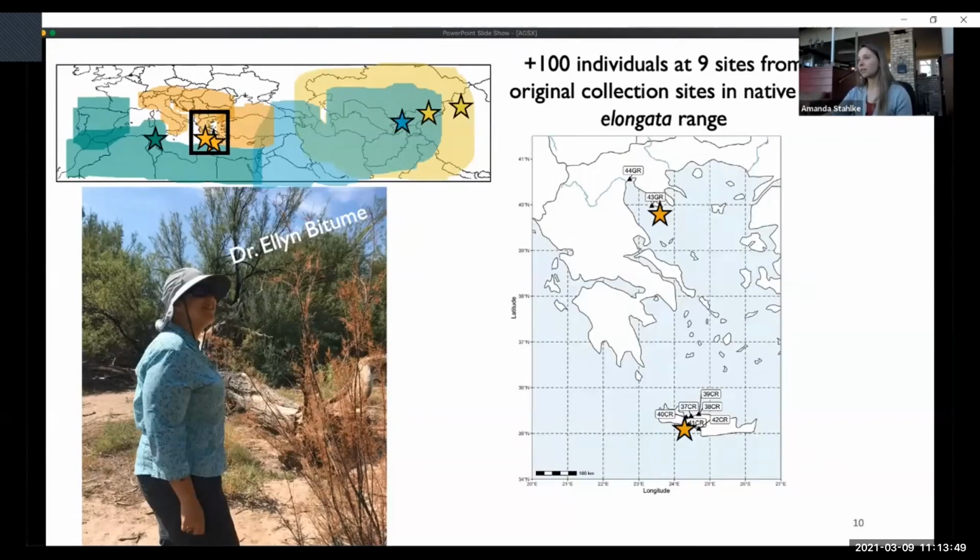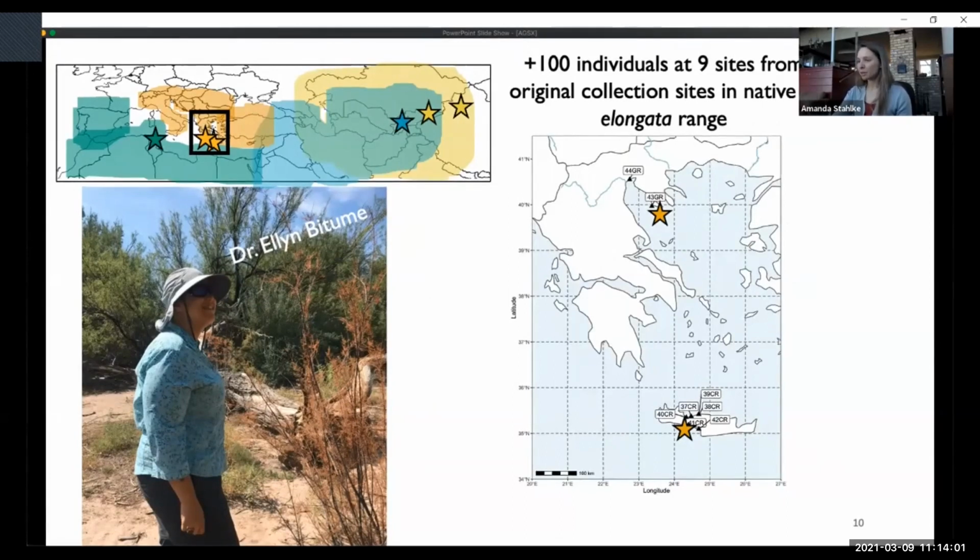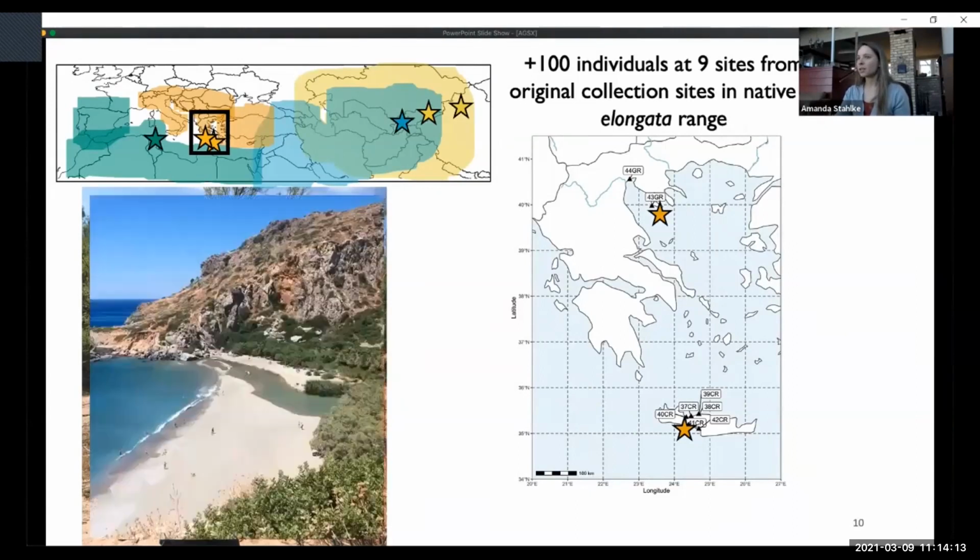So we visited the original source collection sites in this northern Greece area we call mainland Greece, the mainland Greece ecotype, as well as Crete. We collected over 100 individuals at 9 sites in the native elongata range. It was absolutely horrible.